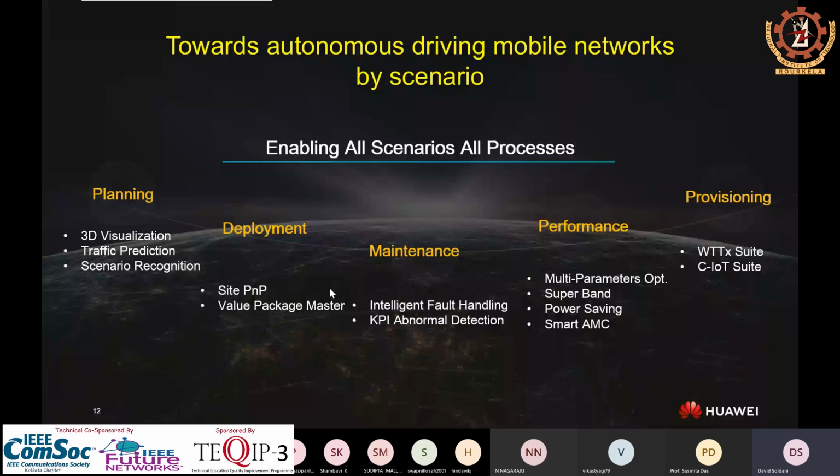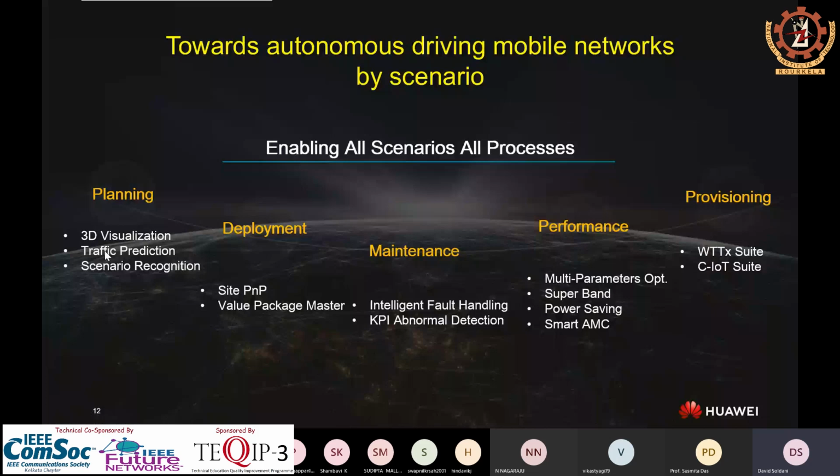Today we have already developed a number of applications across the different scenarios: planning, deployment, maintenance, performance, and provisioning. And here you have examples of algorithms already available and also deployed, and in the phase of testing as well.